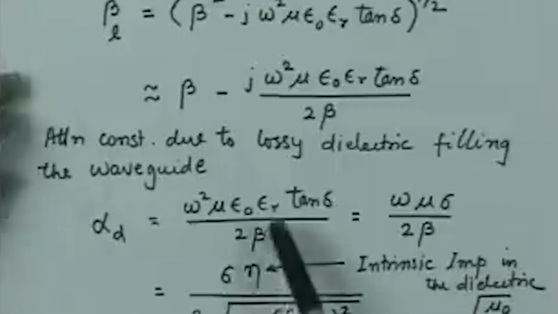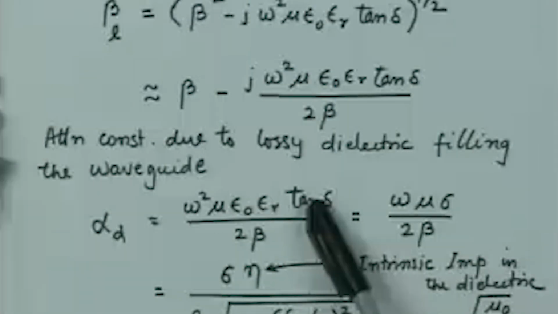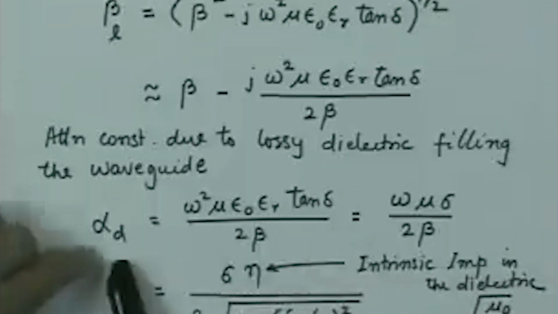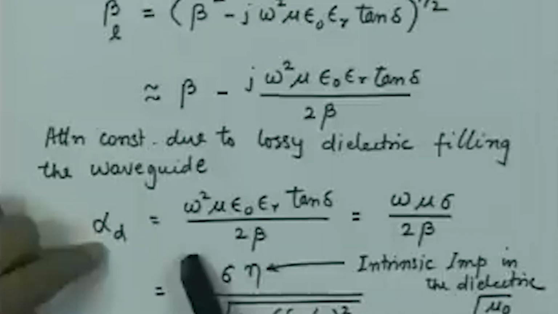So, knowing the dielectric constant of the medium and assuming that the loss tangent is very small, that means the losses in the medium are very small, we can calculate the attenuation constant due to the finite conductivity of the dielectric medium by this expression.